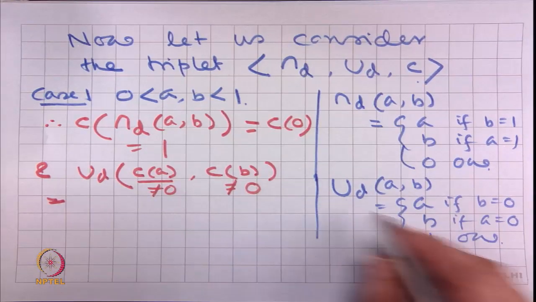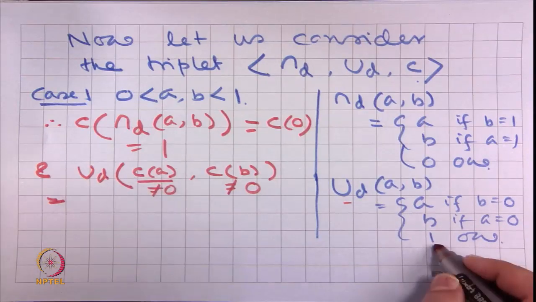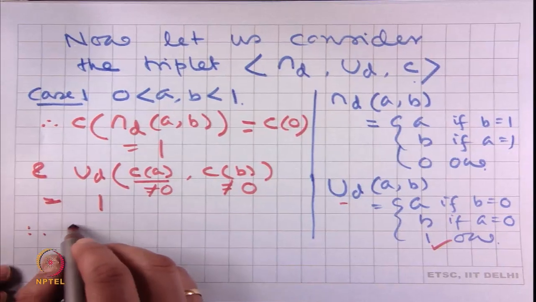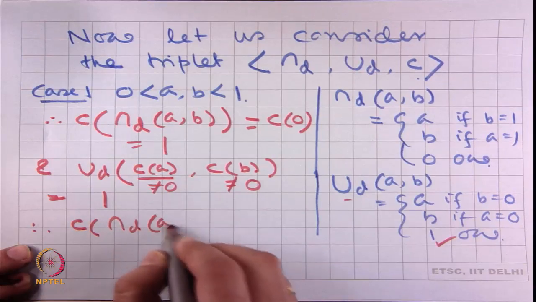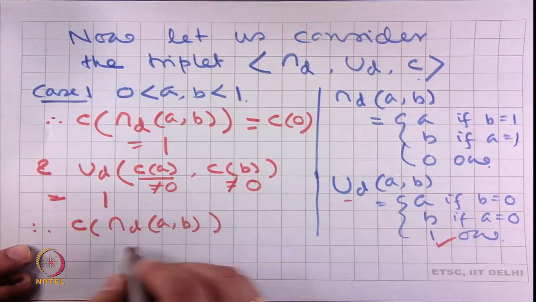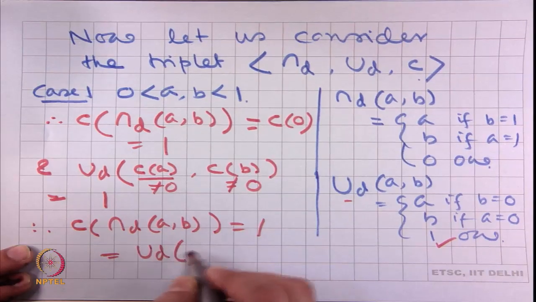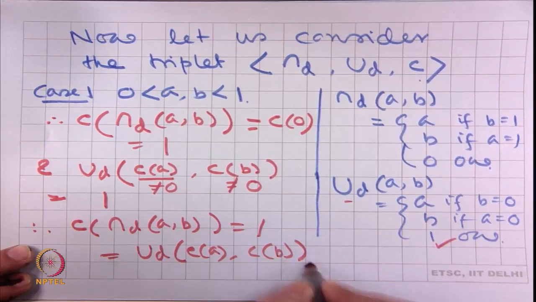Therefore, by definition of drastic union, this is 1. Therefore, we see that C of drastic union of A comma B is equal to 1, which is equal to drastic union of C of A comma C of B.